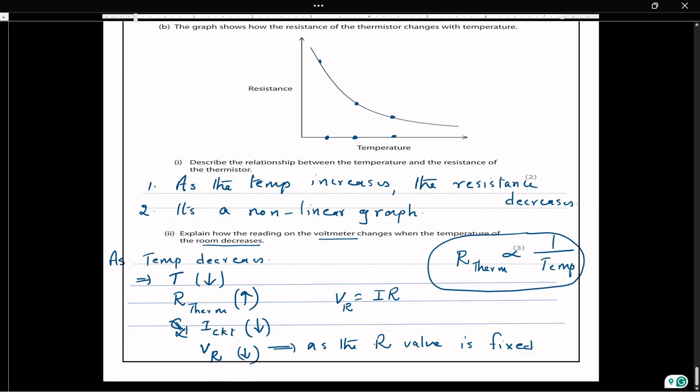And here, as the current value decreases, the voltage value also decreases. It shows that the voltage and current are directly proportional because R is fixed. This is what it means.